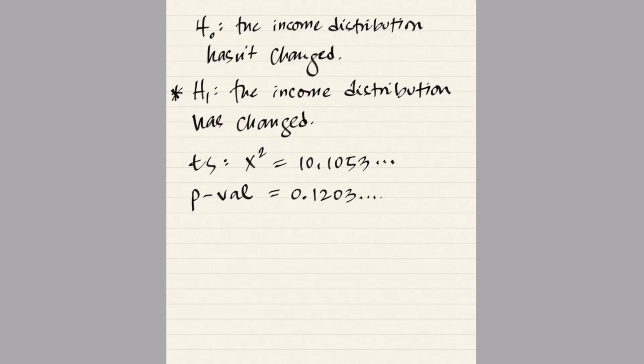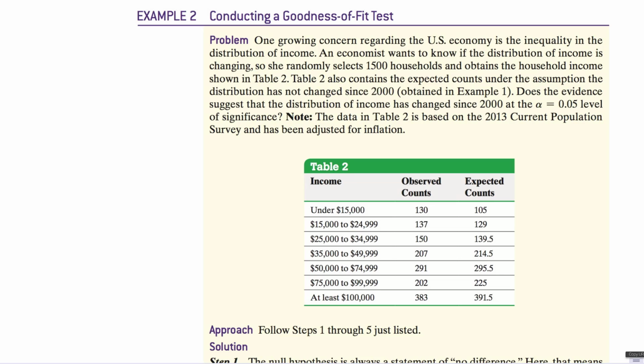So we're ready to come to a conclusion here. If you go and look at the problem we were working on, we were given that the level of significance alpha is 0.05. And so if you're comparing the p-value with that, then since the p-value is larger than alpha, we are not able to reject the null.